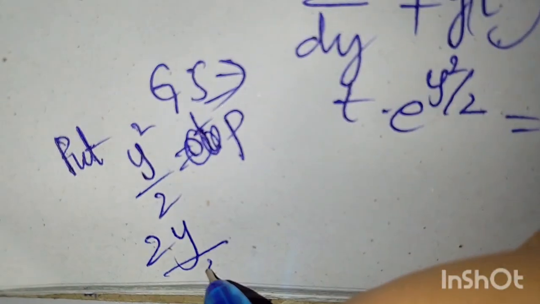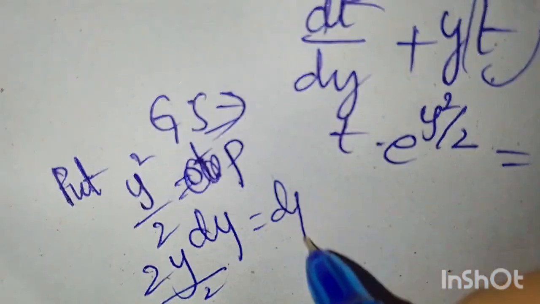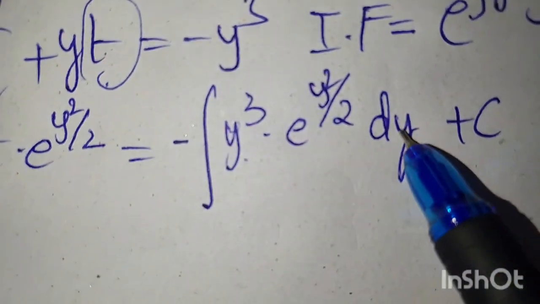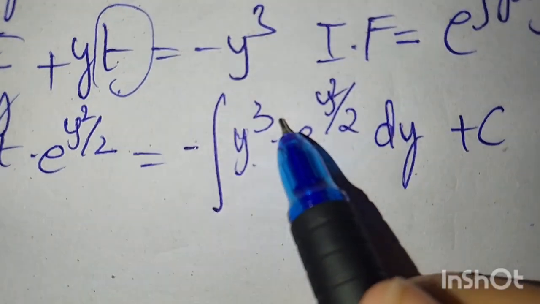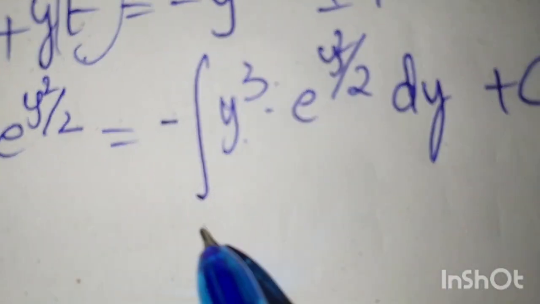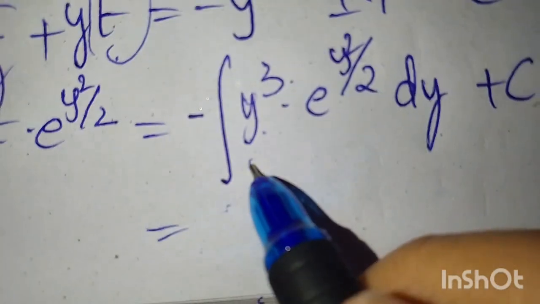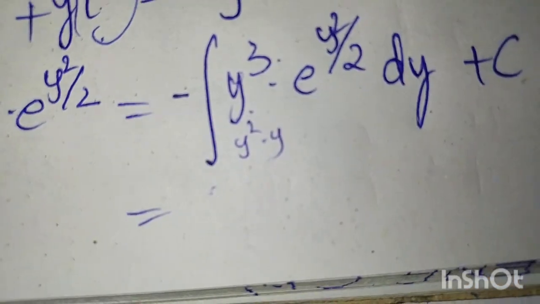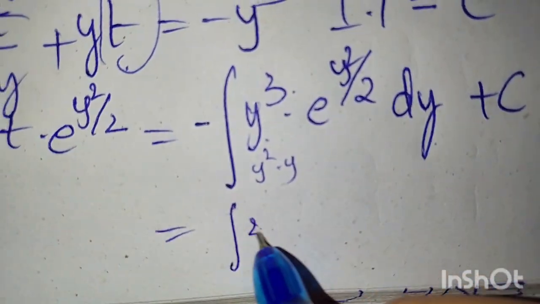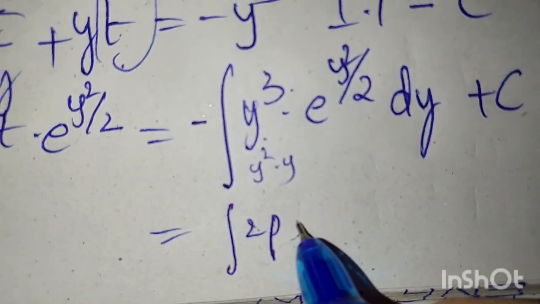So y dy is dp. So see here, y dy. So here y square will be left. y square is nothing but 2p. So y square into y dy, I am writing y square as 2p, and y dy as dp into e power p.